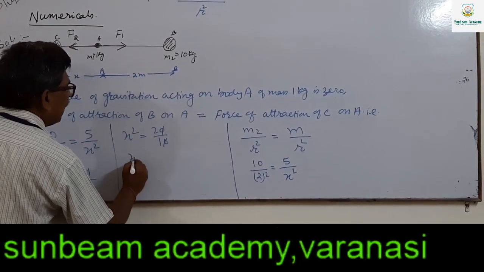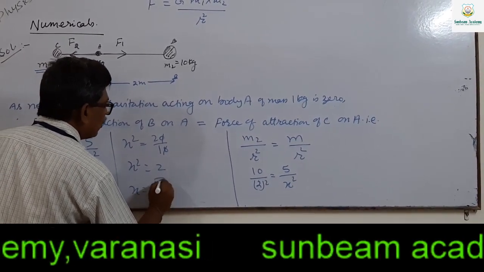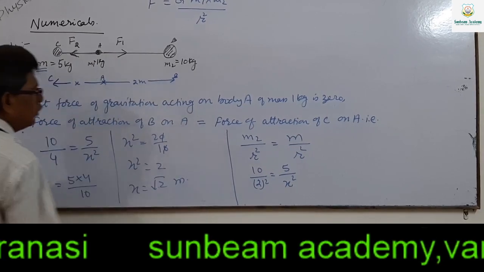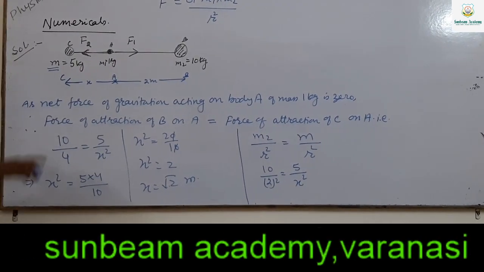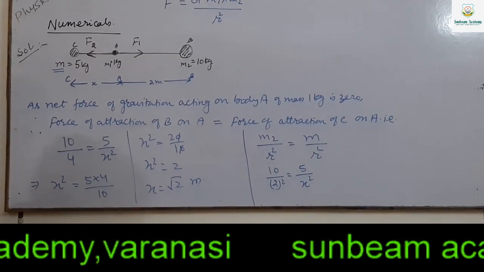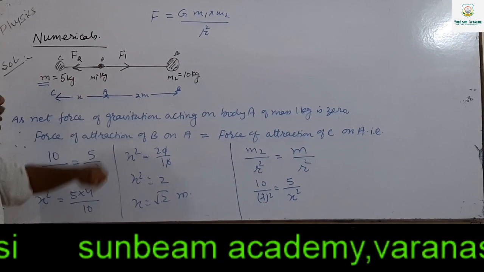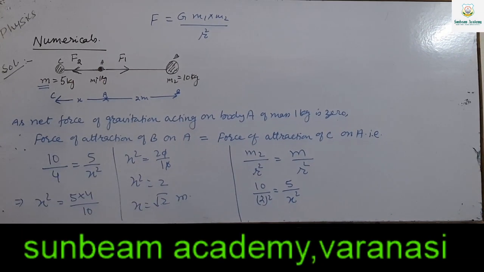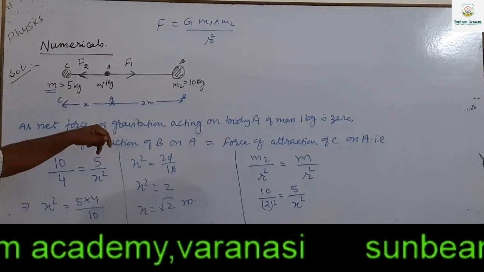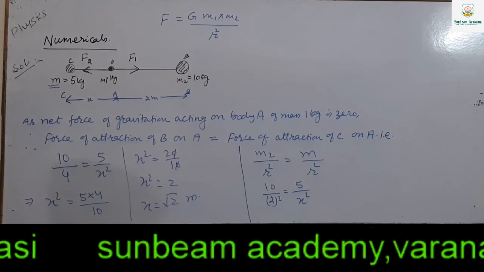And x square is equal to 2, x is equal to root 2 meter. Means the distance between A and C will be root 2 meter, so that the force of gravitation acting on body A of mass 1 kg is 0.